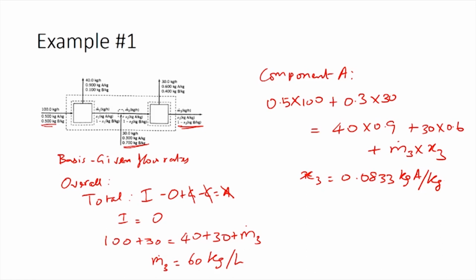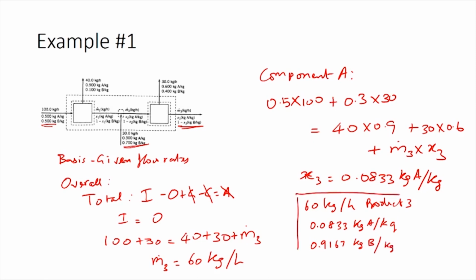The product stream 3 basically contains 60 kilograms per hour product 3, which contains 0.0833 kilograms of A per kilogram. And the rest, which is 0.9167 kilograms, would be the composition of B per kilogram of the product. So, this gives you the information about product 3.